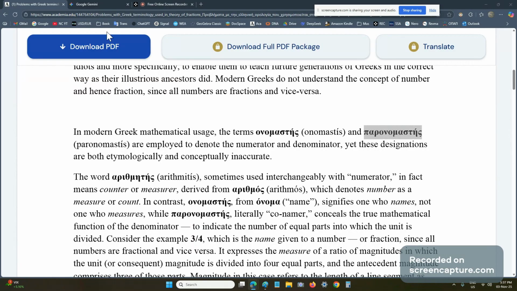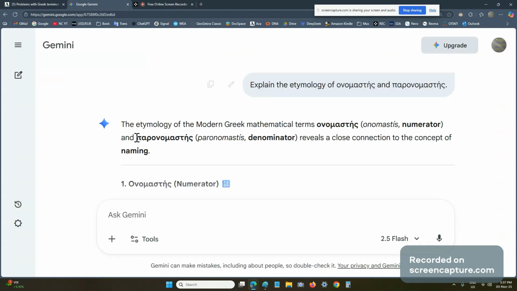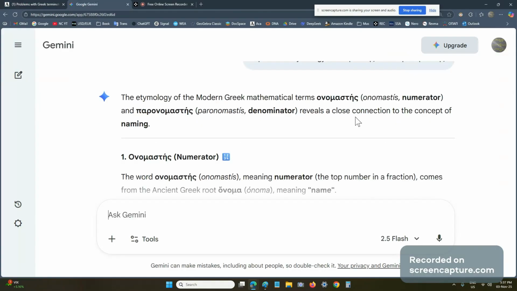Well, let's see what Google Gemini says about the etymology. Both of these reveal a close connection to the concept of naming. And by the way, as you know, my definition of number is about naming. For example, a number is a name given to a measure that describes a ratio of magnitudes, where the magnitudes are not numbers, by the way, they're just concepts of size, dimension, or extent.